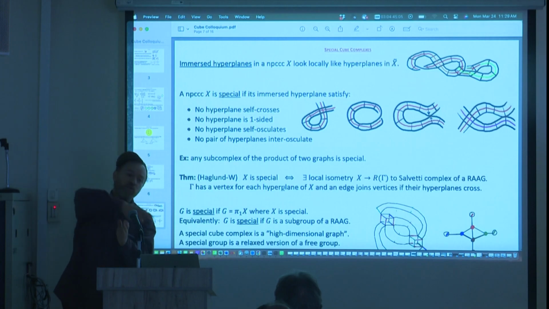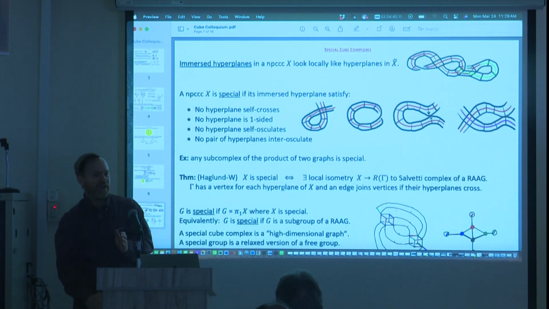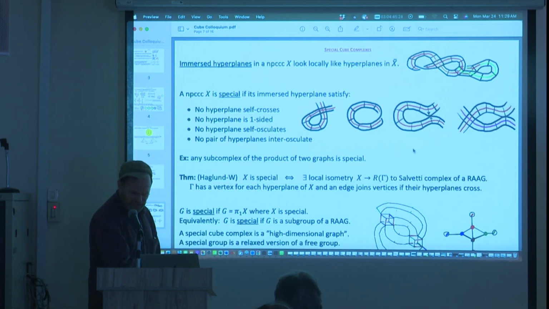Then you get something which might come back and crash into itself and pass through itself. But you can imagine it kind of living outside and immersing in. And that is an immersed hyperplane instead of a hyperplane, right? We can give fancy, rigorous definitions, but I think that's the right way to think about it. So I've illustrated an example over here, right?